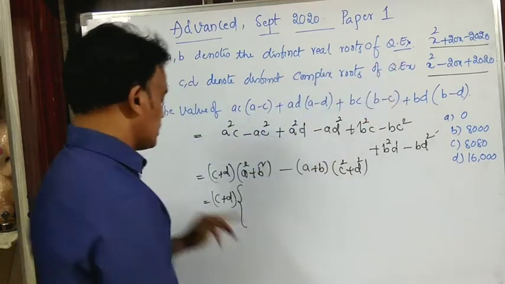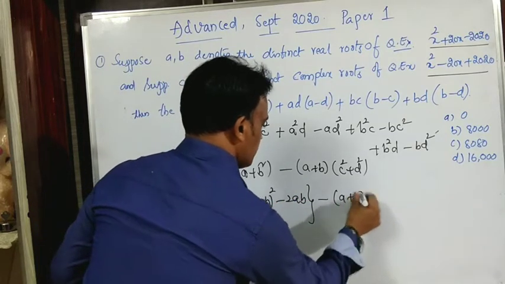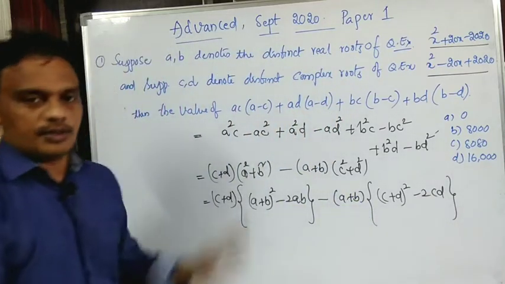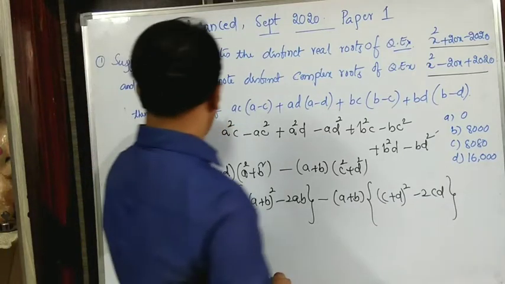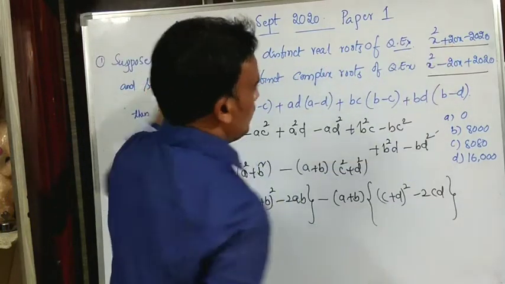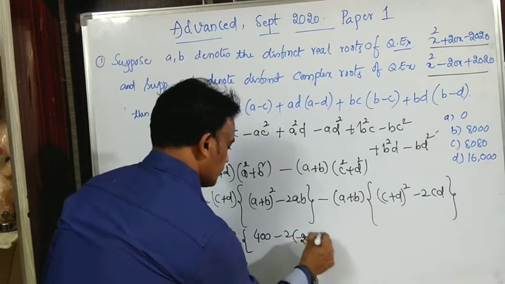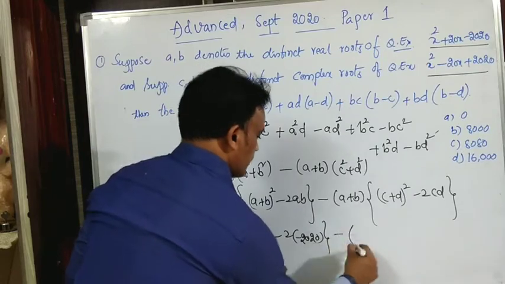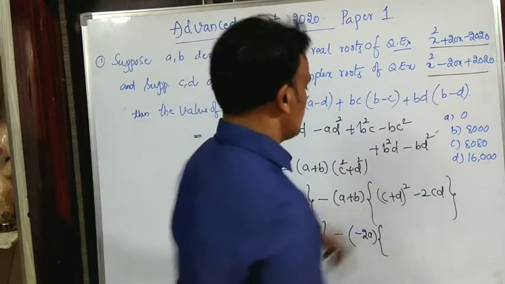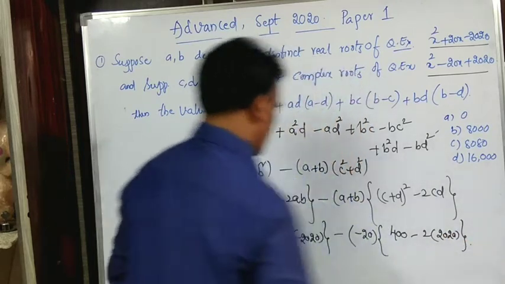Since a, b are the roots, I can write a square plus b square as (a plus b) whole square minus 2ab, and c square plus d square as (c plus d) whole square minus 2cd. Now substituting the values: c plus d, the sum of the roots of the second equation, is 20. (a plus b) whole square, with the sum of the roots of the first equation being minus 20, gives 400 minus 2 times ab, where the product of the roots is minus 2020. Minus of (a plus b), which is minus 20, times (c plus d) whole square, which is 400, minus 2 times cd, where the product of the roots is 2020.